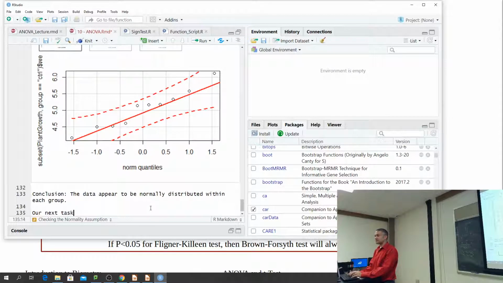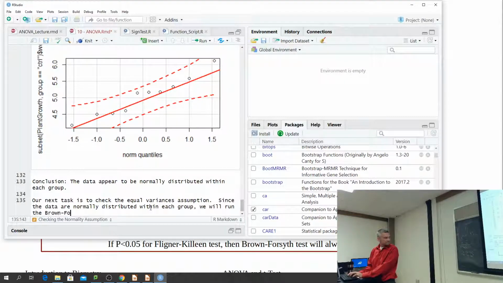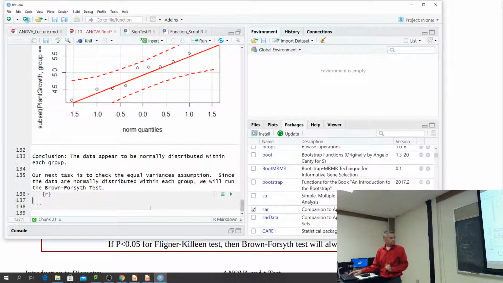Our next task is to check the equal variances assumption. All right. So since it's normally distributed, we'll run the Brown-Forsythe test.